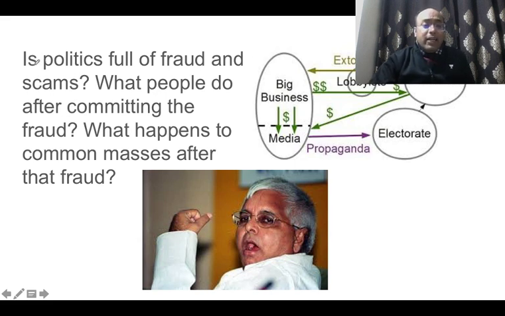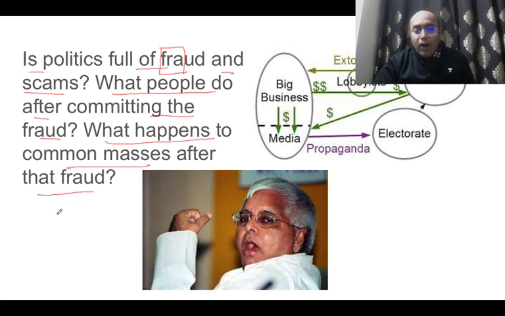Moving further, we have this image. It says: is politics full of fraud and scams? What do people do after committing the fraud? You have to remember this. FRA. Remember this. Fraud, right? So what happens to the common masses after that fraud?